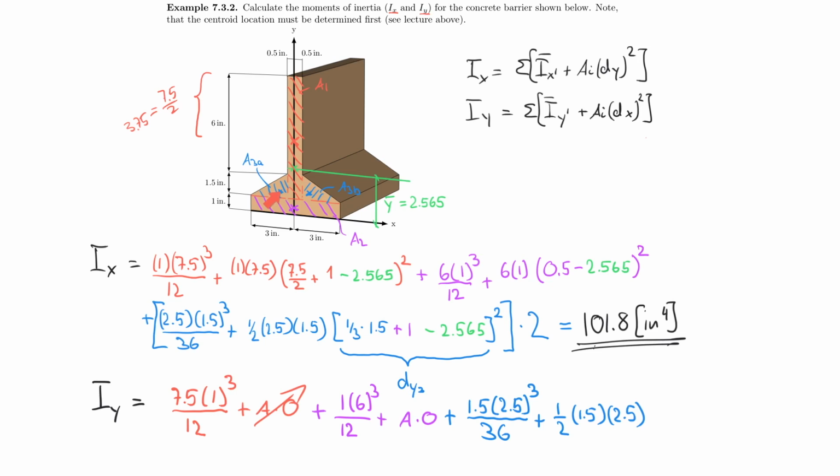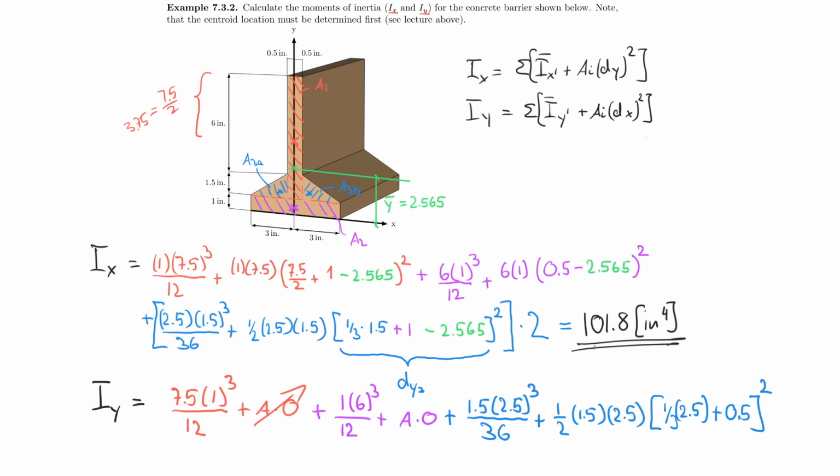And so what I need is 1/3 of the base, which is 1/3 of 2.5, and then add 0.5 to it. And that would be my distance. So I open my bracket here and I have 2.5 times 1/3, right? So 2.5 times 1/3 plus 0.5. And that needs to be squared.